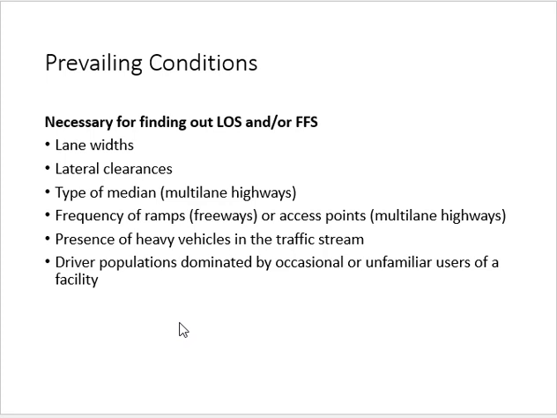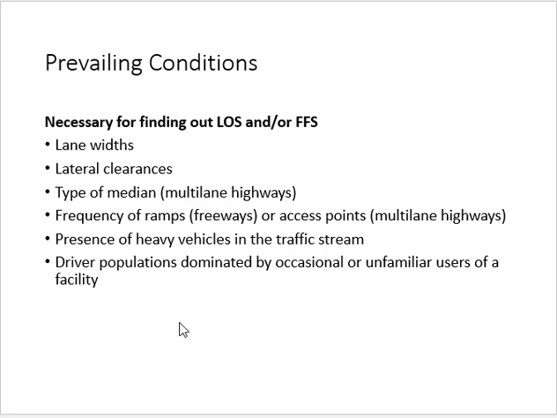Got it? Okay. Type of median, only for multi-lane highways. Type of median means 3 things. I will show it to you. But only for multi-lane highways. We don't need to know the median condition for freeways. Why? Because it is fixed.